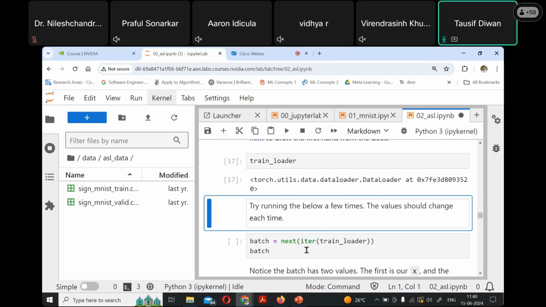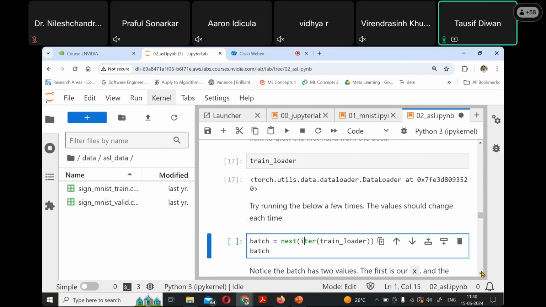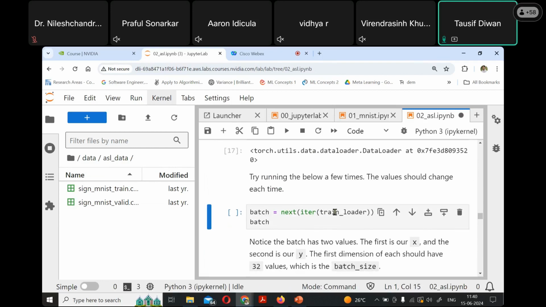Okay. Here you can see what train loader is useful for: it is loading the data set, like it loads the batches, where batch size is 32. First of all it loads the first batch, then it loads the next batch, then it loads the next batch. Likewise, this is the task of data loader.